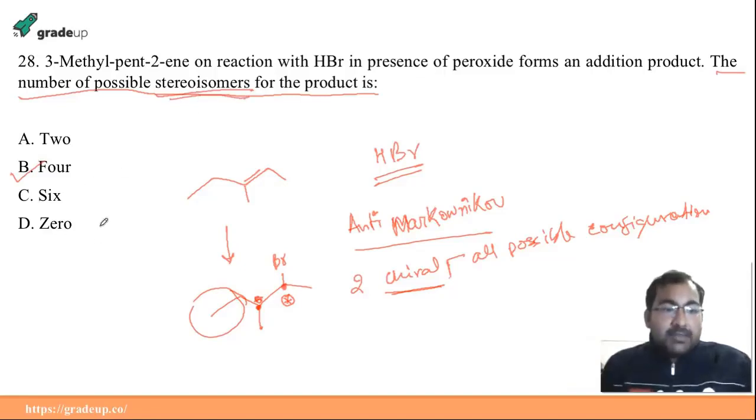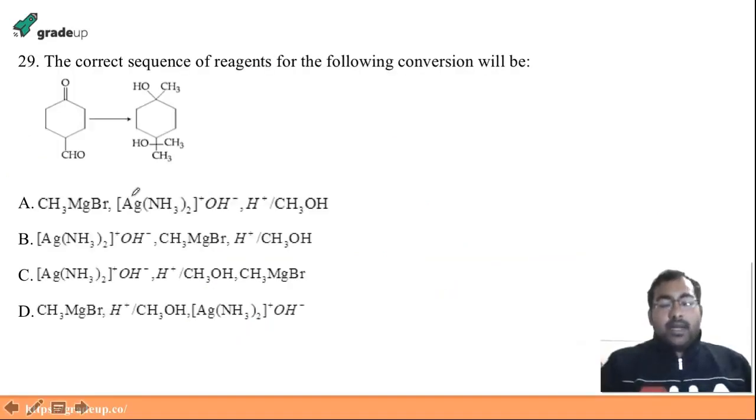If there had been symmetry, then you would have had 3 possibilities. So your option B, which is 4, is correct.